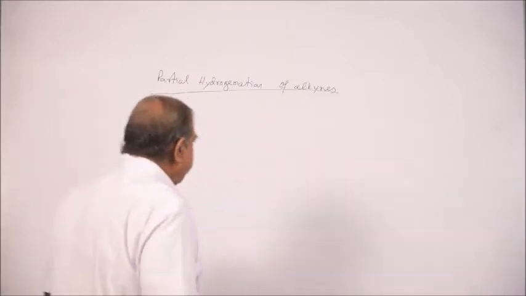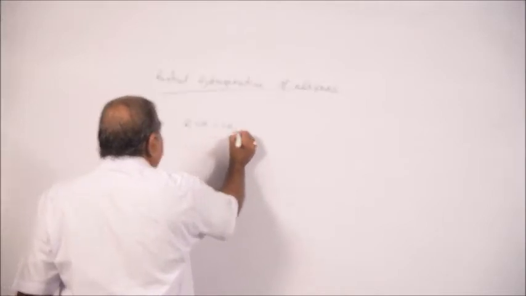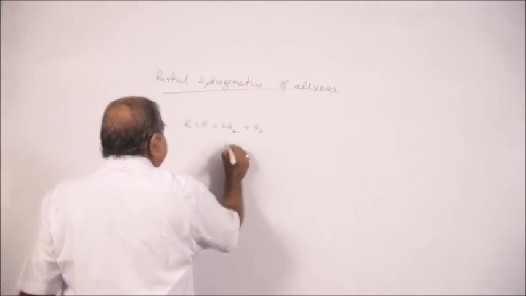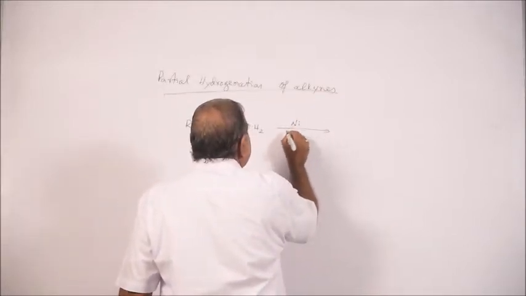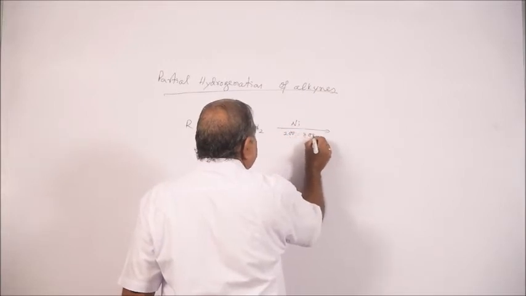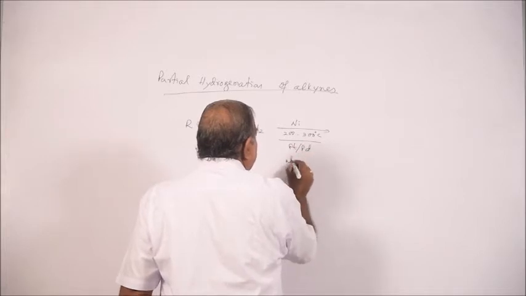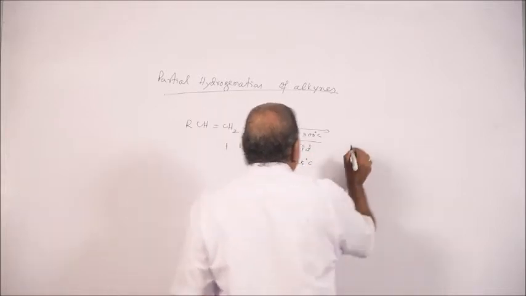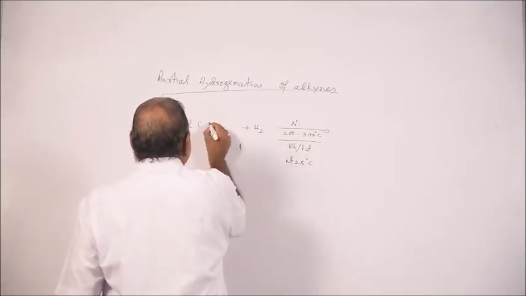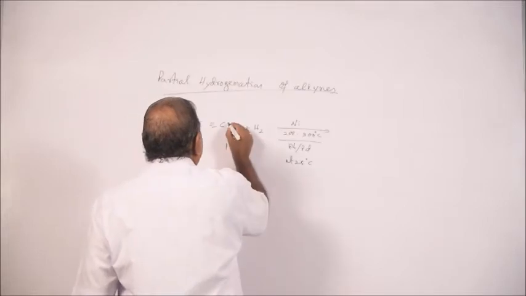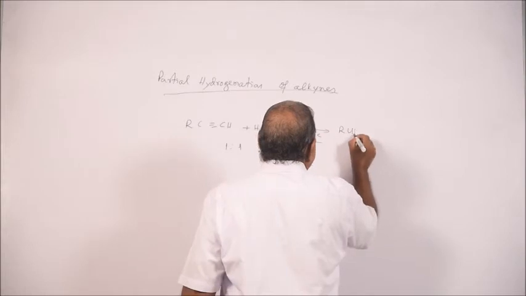Here, the alkyne is treated with hydrogen in the ratio 1:1, taking nickel as a catalyst at 200 to 300 degrees centigrade, or you can use platinum or palladium at 25 degrees centigrade. So, the alkyne, C triple bond C, will be partly hydrogenated because the hydrogen amount is less.